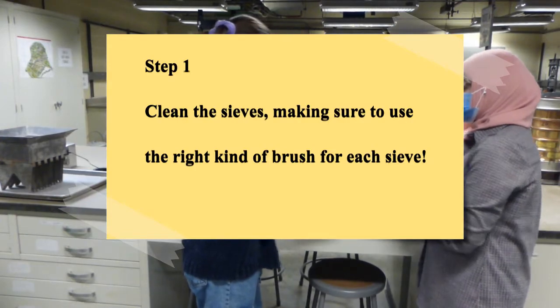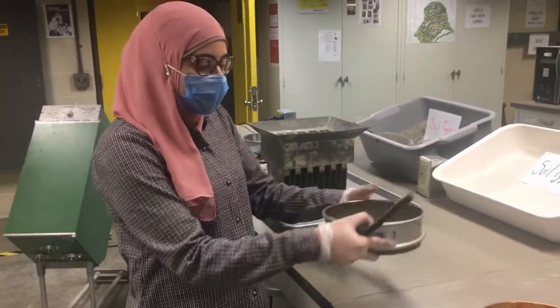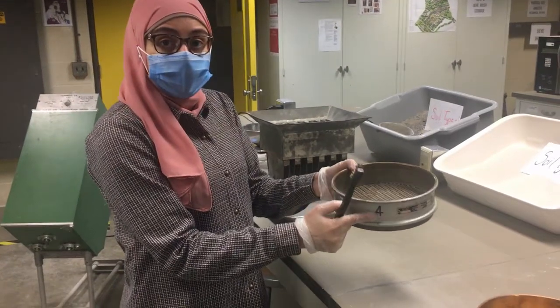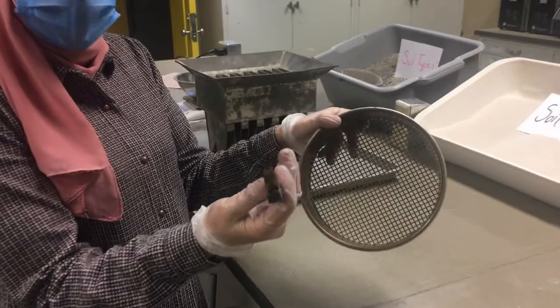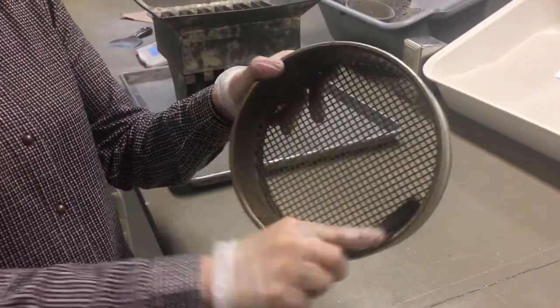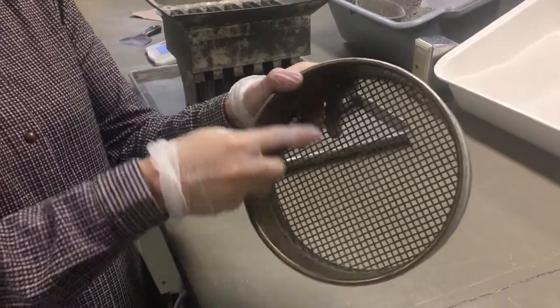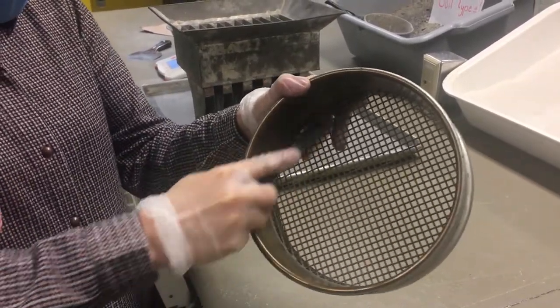Now we will start cleaning the sieves. We use the coarse brush on the number 4 through number 40 sieves. The number 4 sieve allows a particle with a diameter no larger than 4.75 millimeters through. If this sounds familiar, it's because this is the boundary between gravel and sand. Anything bigger than this is gravel.